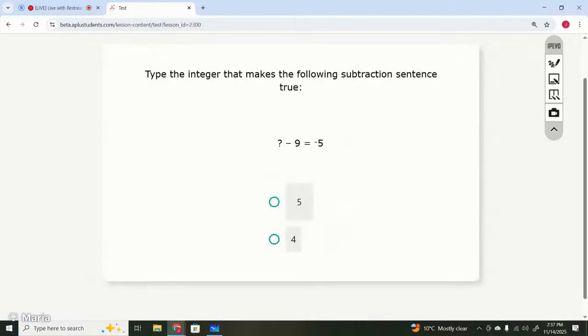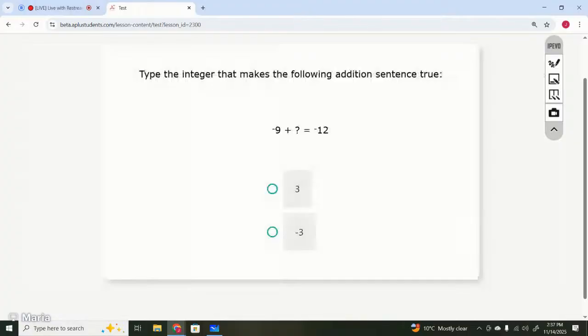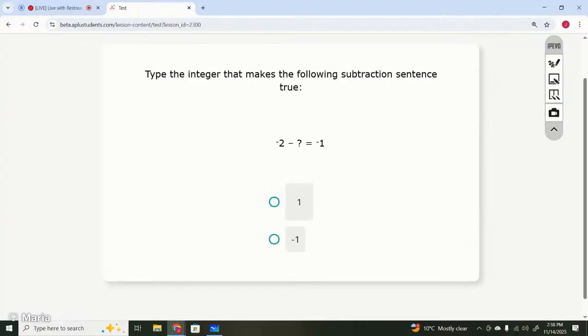Type the integer that makes the following addition sentence true. That is 4 minus 9 is negative 5. Type the integer that makes the following addition sentence true. Negative 9 plus negative 3 is negative 12. Type the integer that makes the following subtraction sentence true.